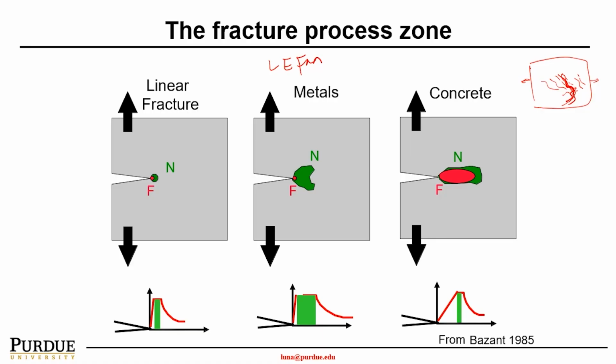So therefore, we need some new theories, such as in this slide showing the fracture process zone, FPZ, that becomes important. So this fracture process zone will work as a bridging zone between the cracked region and uncracked region.